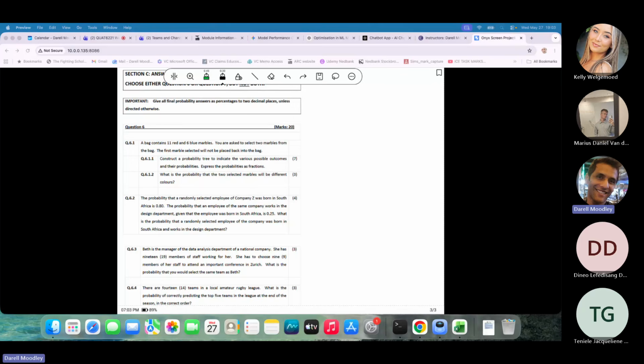Beth is the manager of a data analysis department of some company. She has 19 staff members working for her, but she has to choose 9 of those staff members to attend a conference in Zurich. What is the probability that you would select the same team as Beth?